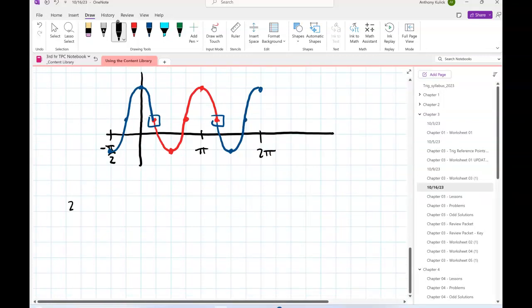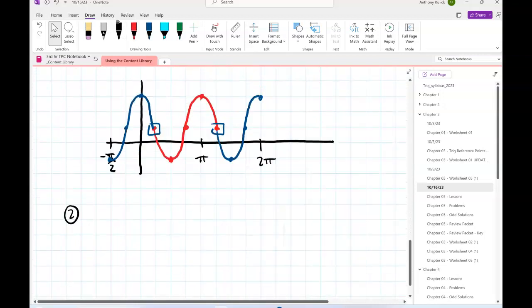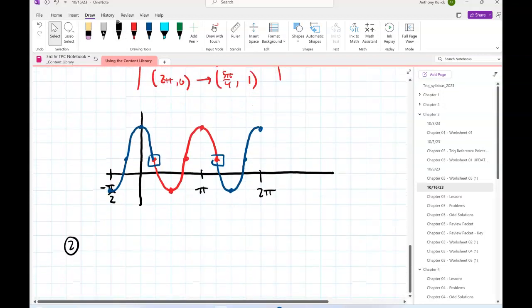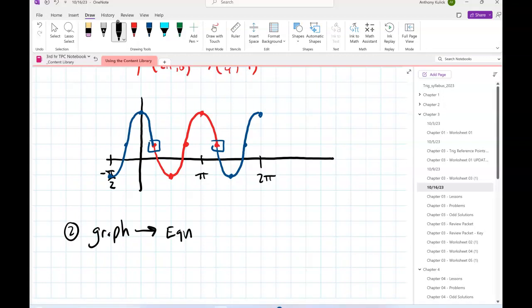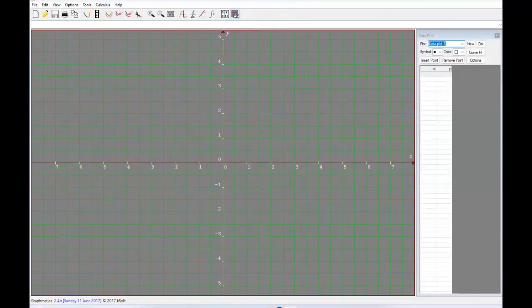So that was the first day in 3.1. The second day in 3.1, we went from a graph back to an equation. So let me just pull a quick example here.